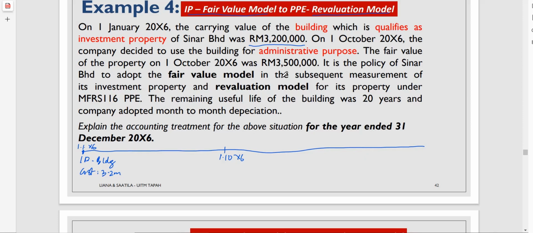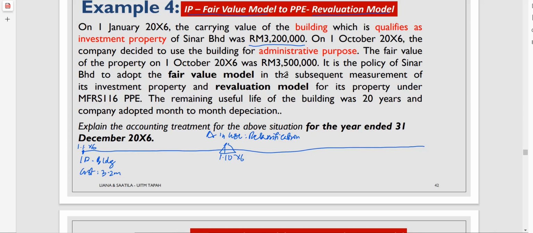So basically there is a transfer or change in use. Change in use is here, so therefore it is being reclassified. Reclassification of the investment property.